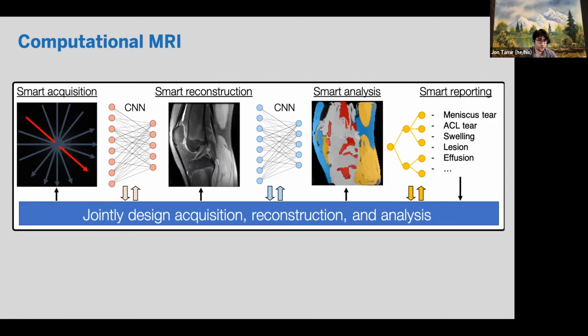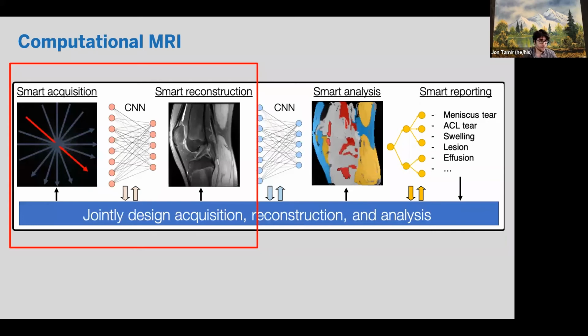There's a role for machine learning to play in all of these different steps, while still keeping in mind that we want to also take advantage of the knowledge we have in the system. For the time being, I've spent most of my effort focusing on the acquisition and the reconstruction, although I think it's really important to emphasize that there's a lot of space still that can be done to combine these different stages of the pipeline.